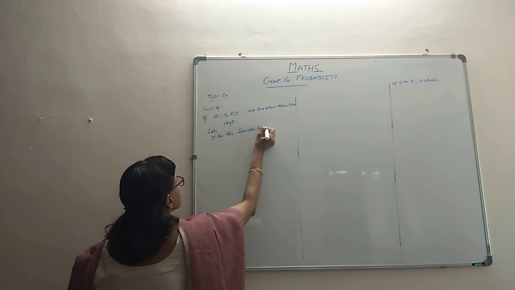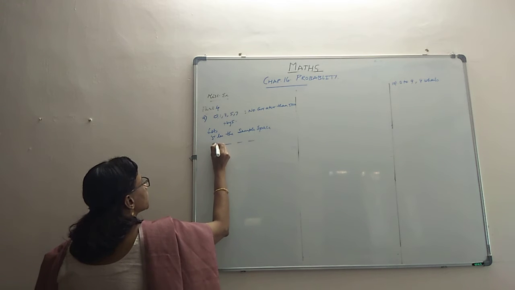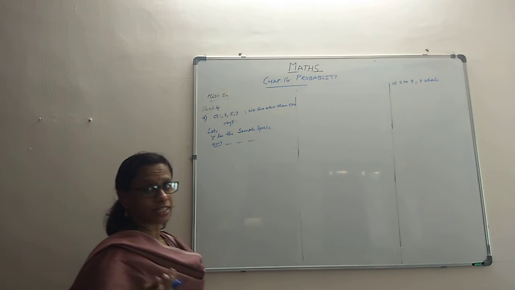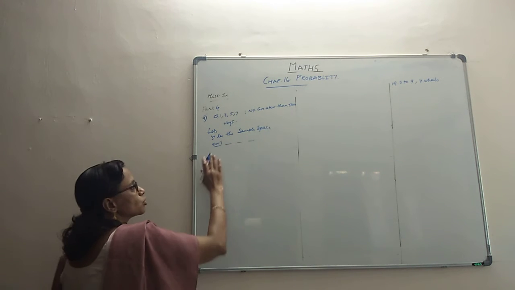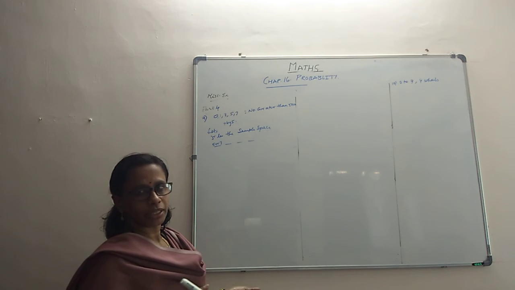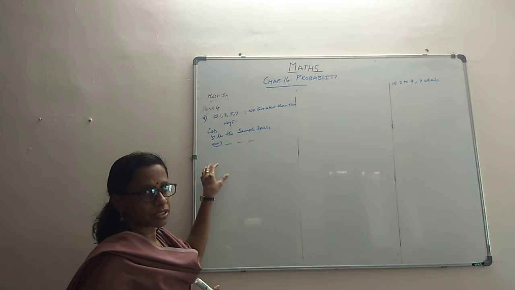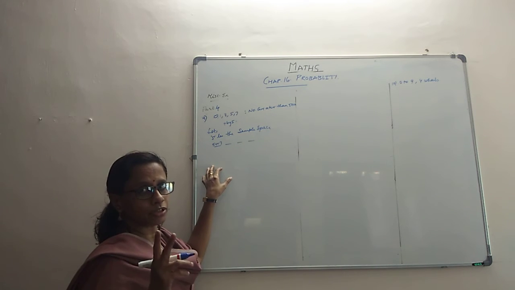Let's make ourselves understand. Suppose these are the 4 places. This place can be occupied by 5 or 7 if it has to be greater than 5000. Once this is occupied by 5 or 7, then the other places can be occupied by any of the remaining digits. Because it has to be greater than 5000, we specify that the first place can be 5 or 7, so it can be filled in 2 ways.